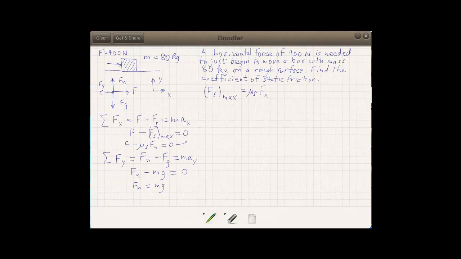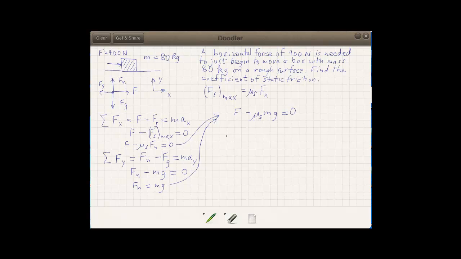So let's take the first equation, the one for the x direction, and the second equation, and put them together. I'm going to rewrite the first equation with the second equation plugged in: F minus mu sub s times the normal force, and we found the normal force is mg. So F minus mu sub s mg is 0. We know F, we know the mass, we know g, so we can solve for the coefficient of static friction.